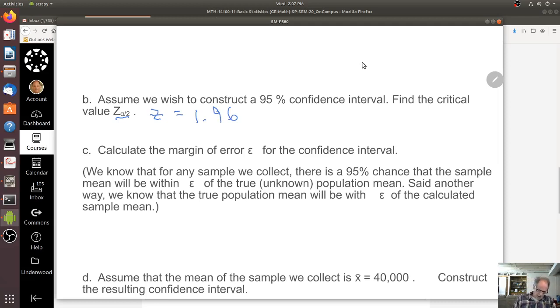Okay, now we're going to calculate the margin of error. That's called epsilon, as it was last section. It is this section also. It's Z times sigma over the square root of n, which is equal to 1.96 times 250.